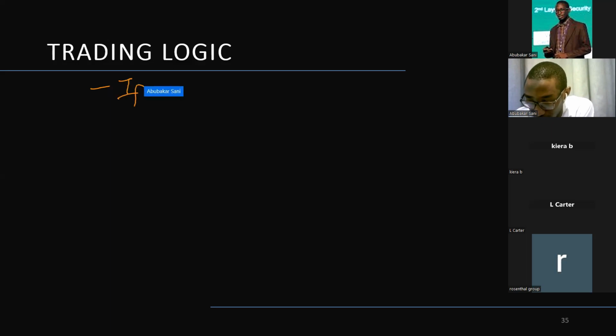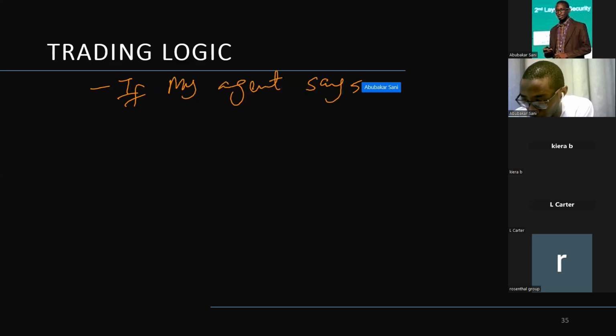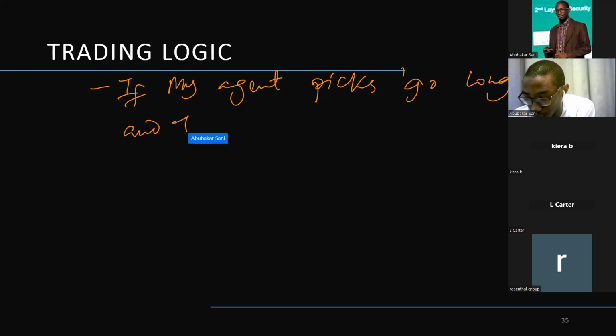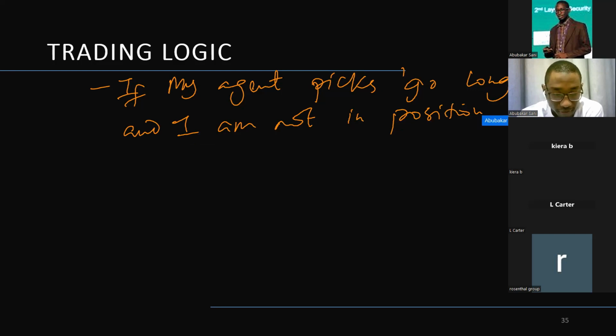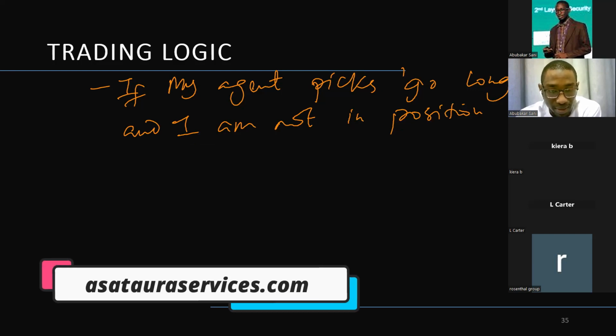If my agent picks the go long action, meaning he has spotted that there is an opportunity if I go long, and I am not in any position, meaning this is the first time I am buying this particular asset, Tesla.